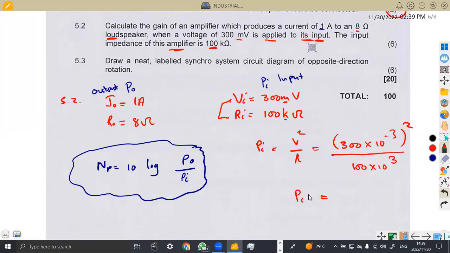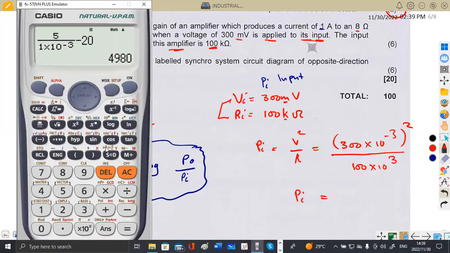From your calculator, just have brackets: 300 times 10 to the power of minus 3, whatever we get here, we square over 100 times 10 to the power of 3.